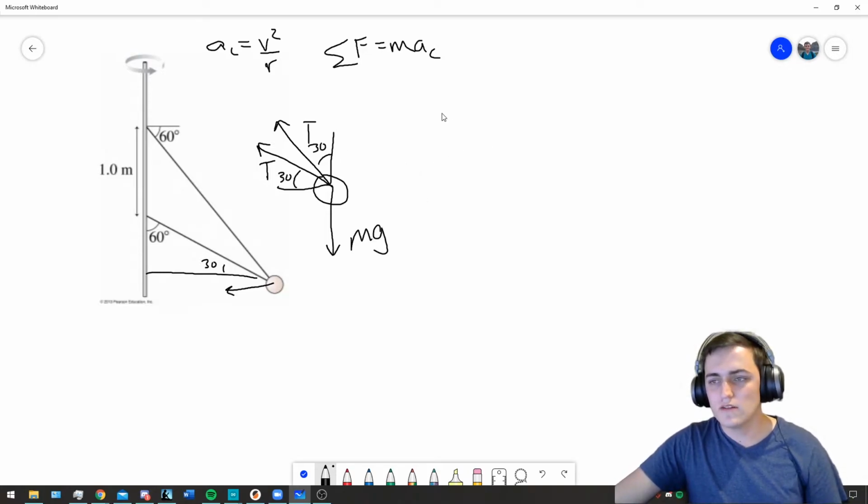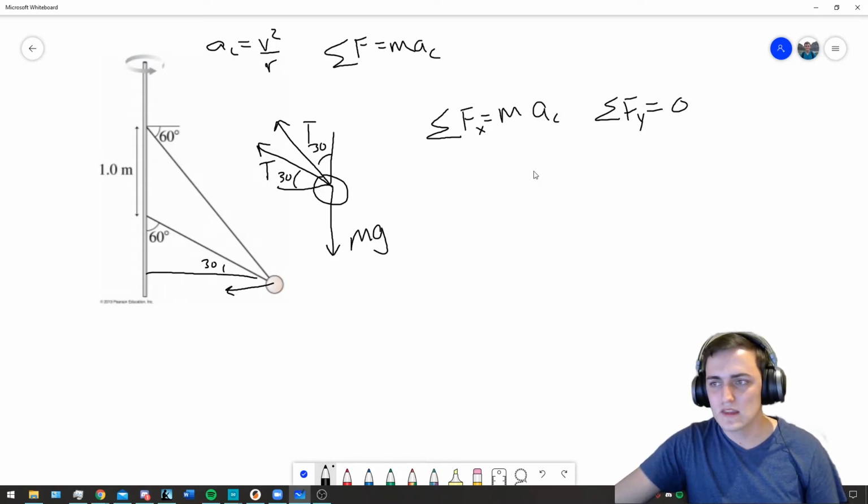So our net force in the x direction is equal to m a_c. And our net force in the y direction is equal to, well, there's no acceleration in the y direction, so it's going to be 0. Let's look at our x.